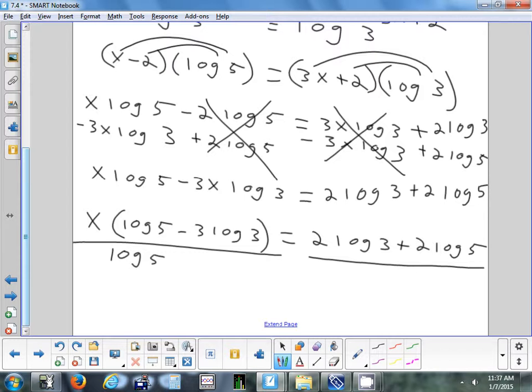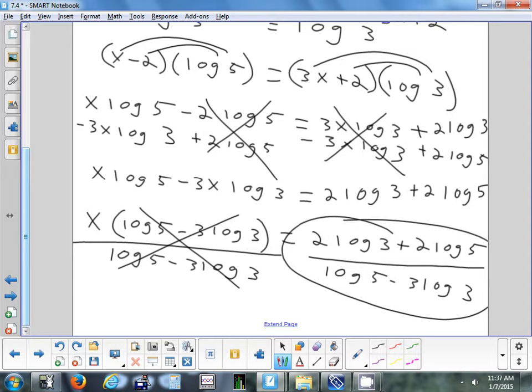If we had rounded it off to a decimal, we'd know it, but we don't yet. So just keep it like that. Log 5 minus 3 log 3. And that's the exact answer.